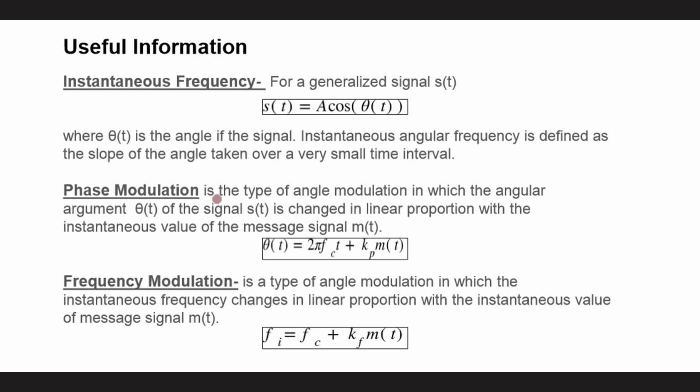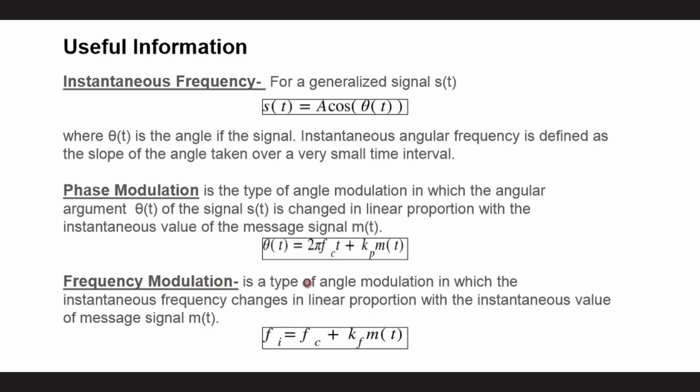Phase modulation is defined as the type of angle modulation in which the angular argument θ(t) of the signal s(t) is changed in linear proportion with the instantaneous value of the message signal m(t). As can be seen from this equation, as m(t) varies, the angle θ(t) also varies in direct relationship.